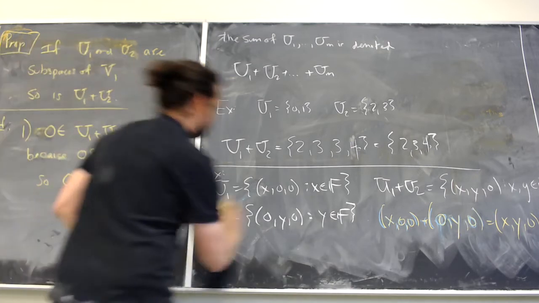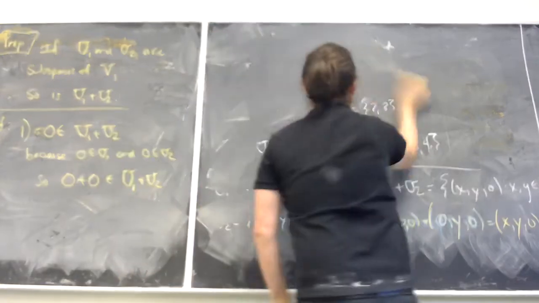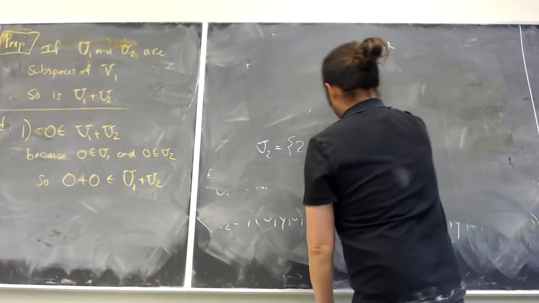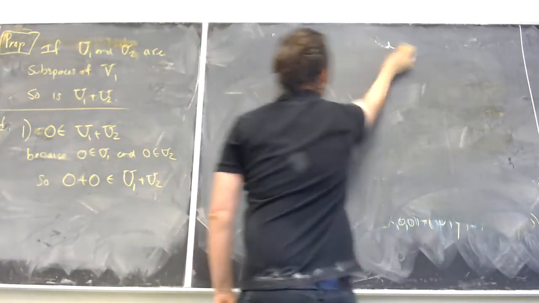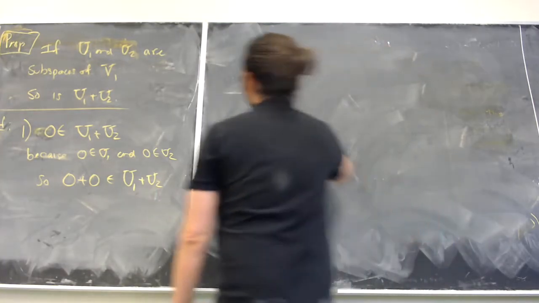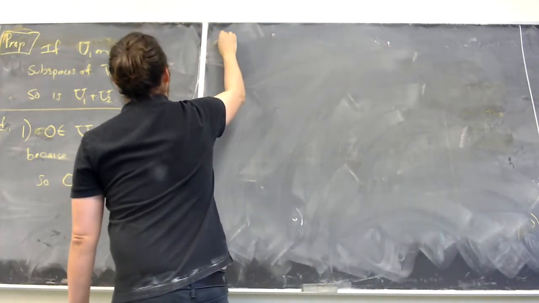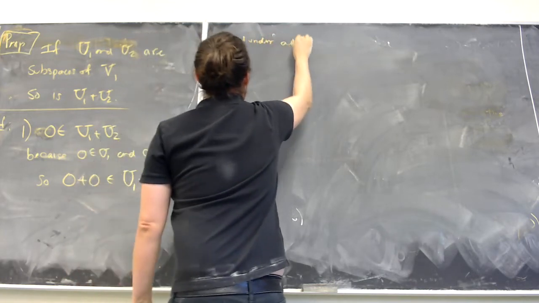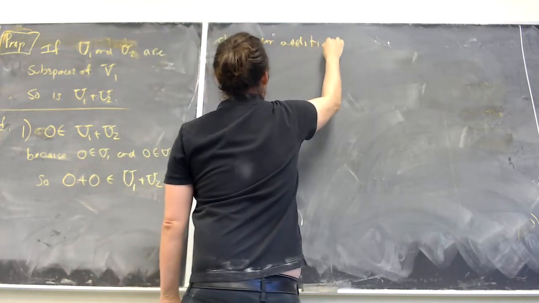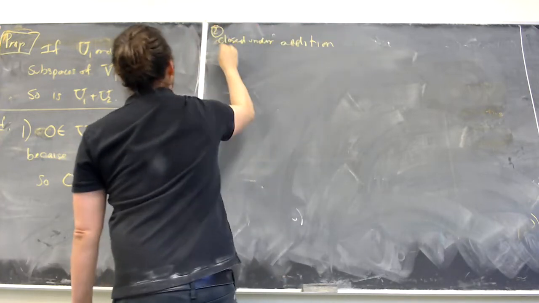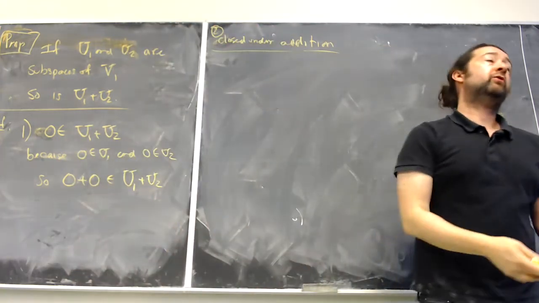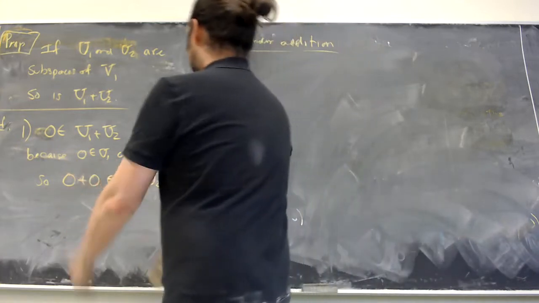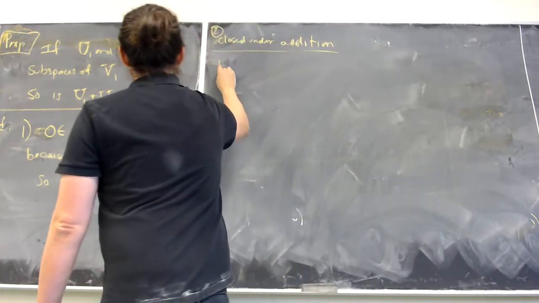Okay, step 2. This is the easy part of this. I'm taking a proposition of the book and I'm cutting two pieces. Step 2, closed under addition. The basic format for closure under addition is assume two different elements in the set that you're working with.